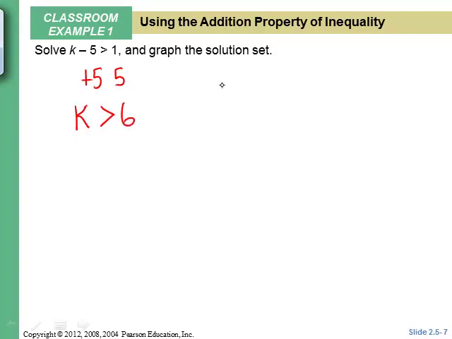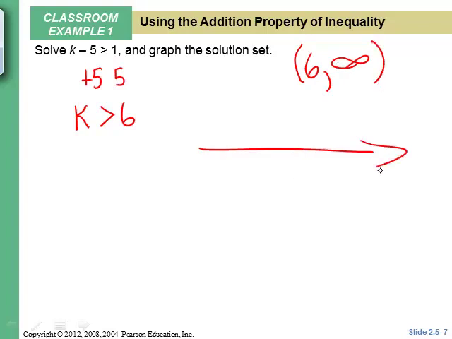Now, we can use interval notation, which would be parentheses, because it's not equal to 6, comma, infinity, close parentheses, or we could graph it on a number line with an open parenthesis at 6, going this direction.